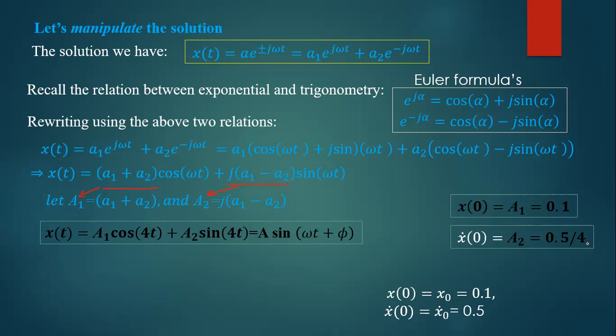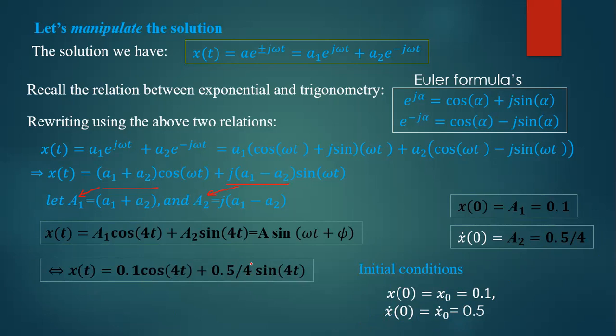Our omega is 4. Substituting these values, we finally get this equation. These are the numeric values. That is equivalent to 1 over 10 cos 4t plus 1 over 8 sin 4t.